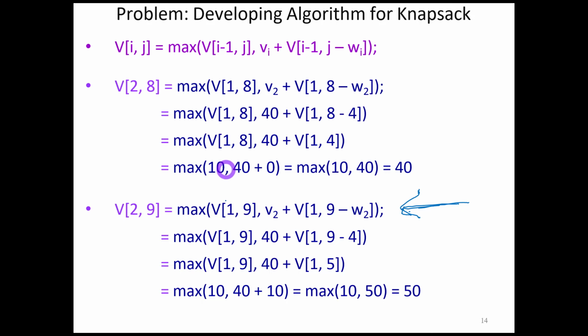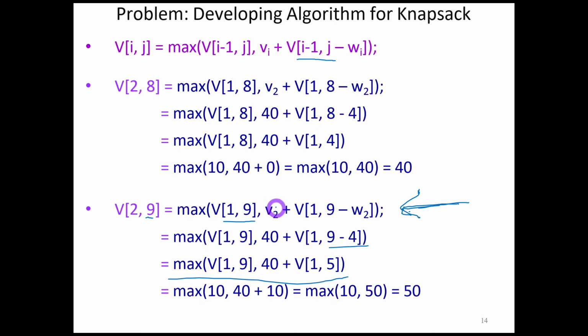So 1 comma 9 here, 1 comma 9. v2 plus [i minus 1], 2 minus 1 is 1, comma. Okay, j is 9. This is 9 over here. So j is 9. 9 minus w2. So w2, the weight of second item, is 4. We know that. So 9 minus 4 equals 5.